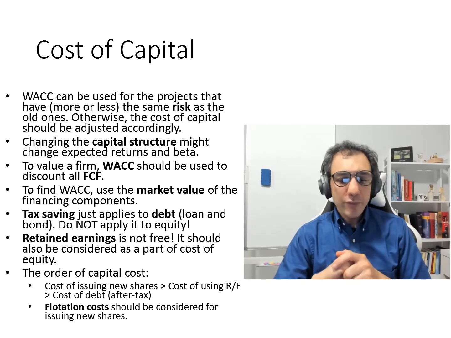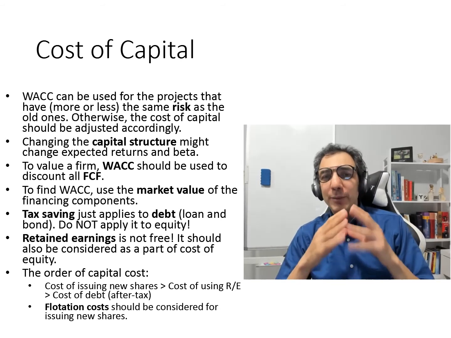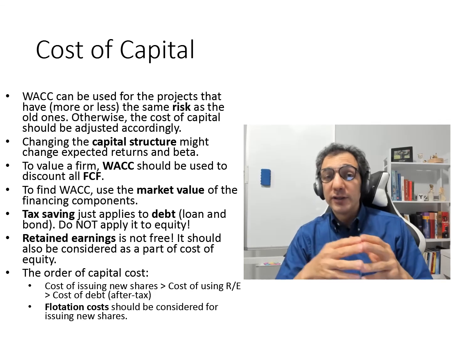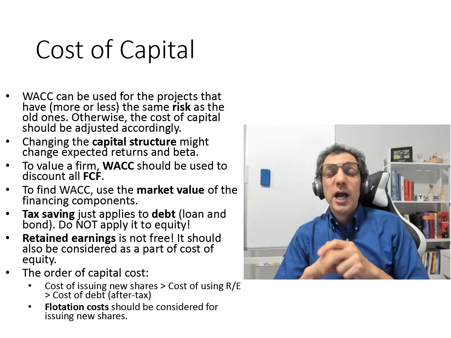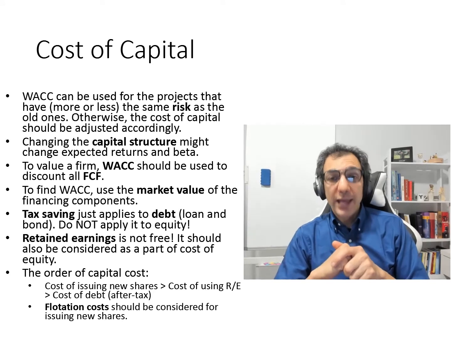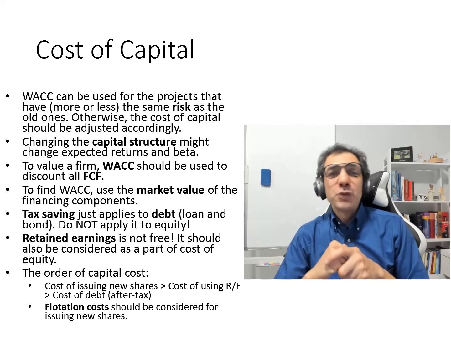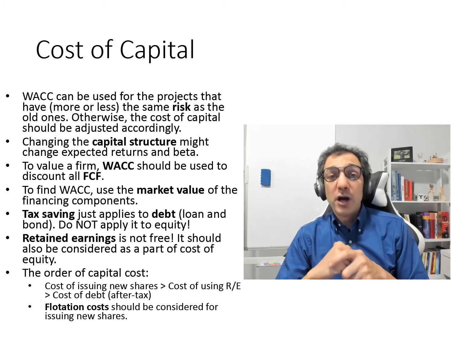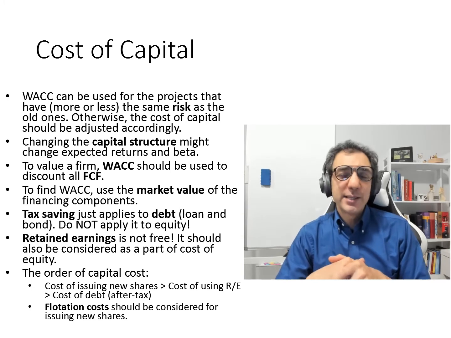So we talk about the capital structure, and we mentioned the capital structure is very critical in the cost of capital, because the combination of debt and equity impacts the cost of capital. Specifically, we learned that when you are using debt, you can save some money, because it reduces the tax amount you are paying.